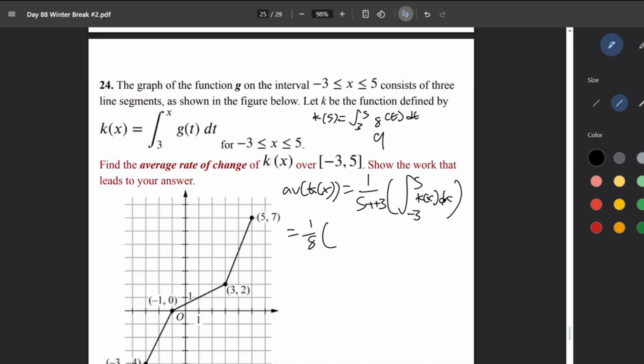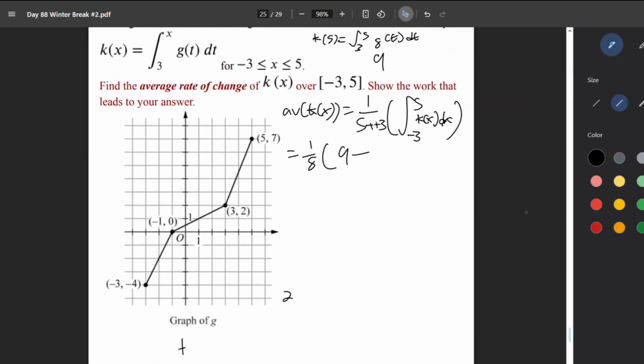So it would be 9 minus k of negative 3, which equals, wow. Actually, that will just cancel, I believe. The integral from 3 to negative 3 of g of t dt. These are both 4, yeah, so it's actually nice, 0. So it equals 9 over 8.